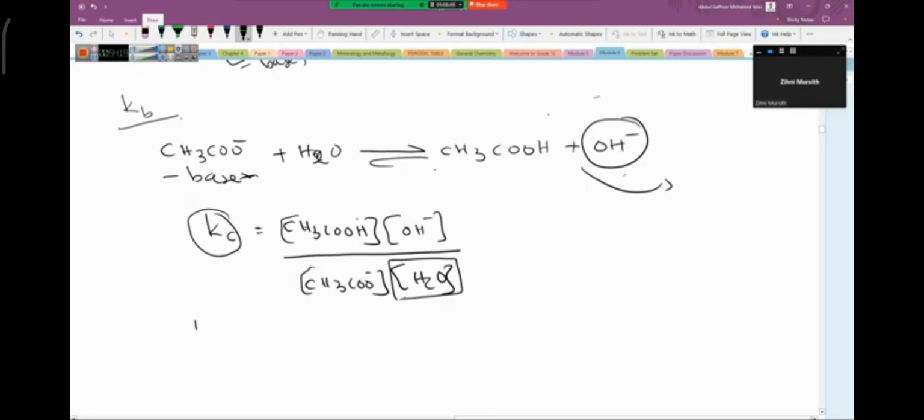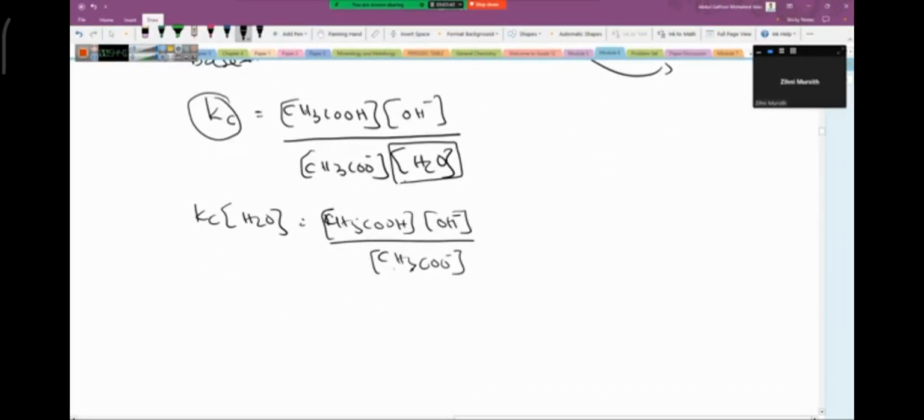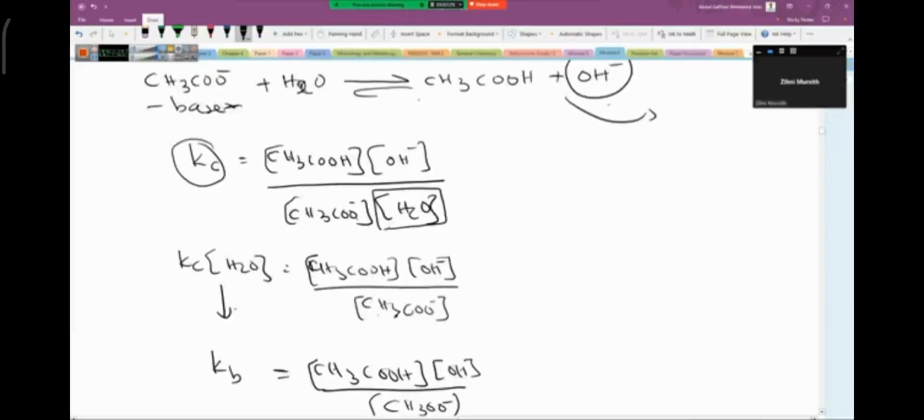So I multiply Kc into H2O concentration and get this expression: CH3COOH, OH minus concentration divided by CH3COO minus concentration. Now the multiplication of Kc and the concentration of H2O is called Kb, the ionic basic dissociation constant. So this is how we derive the expression for Kb.